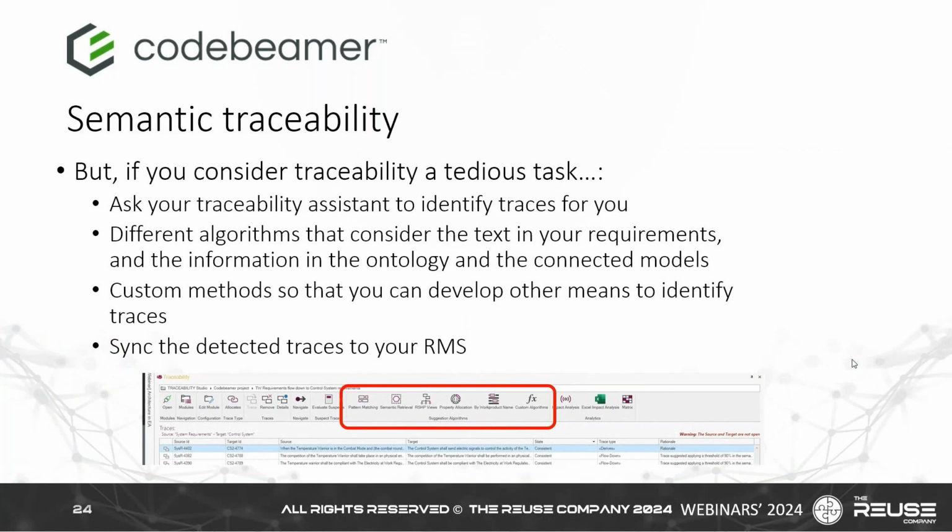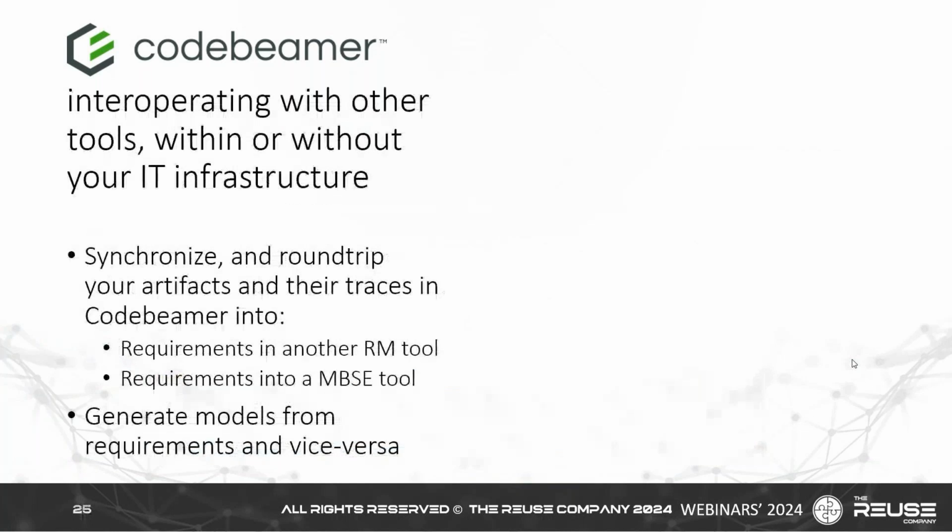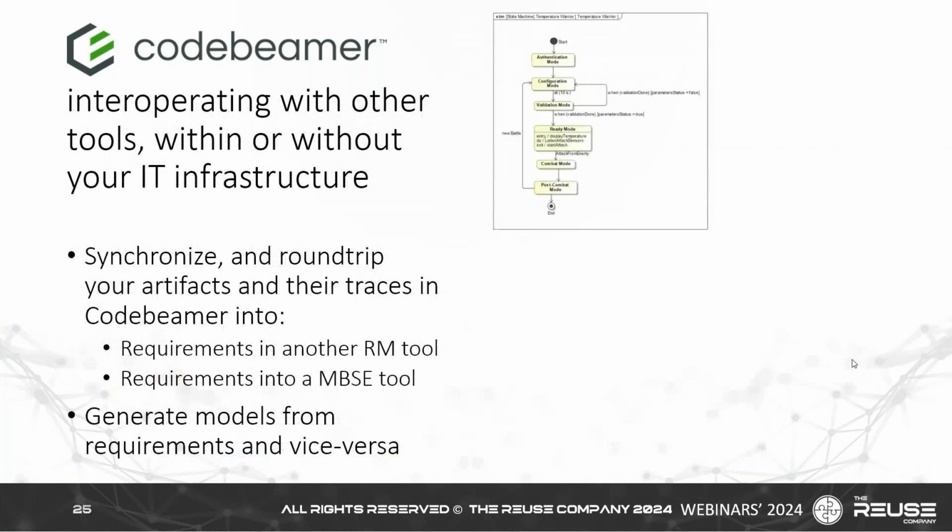The idea is that for each couple of these documents, you can create traces between the top document and each one of the sub documents, right? And you can ask our tools to suggest traces based on different algorithms. Our tools can suggest traces that can be synchronized back to the main tool, to Codebeamer in this case, right? So this will be presented.